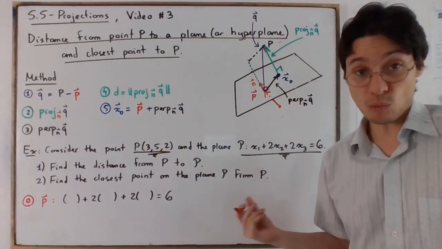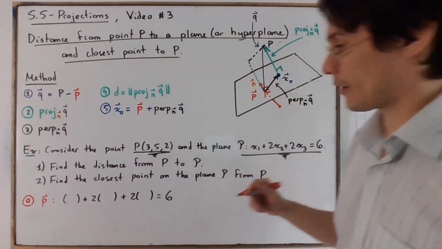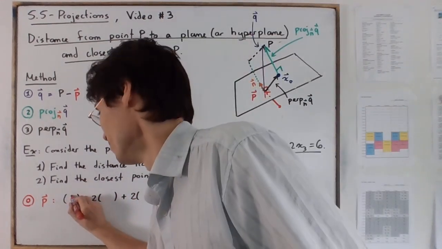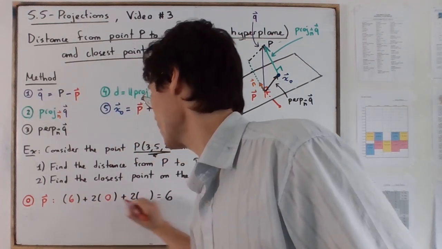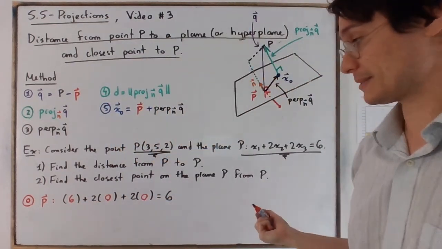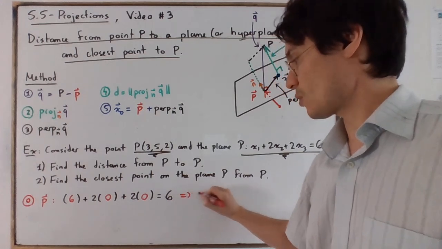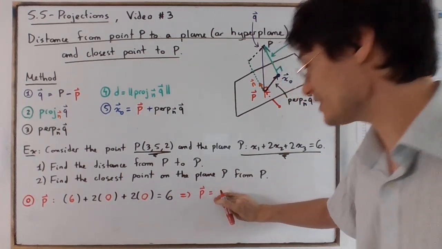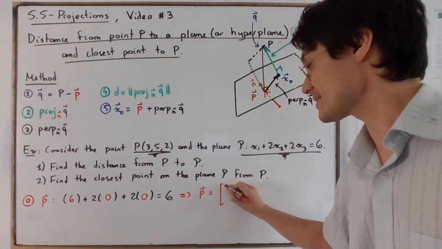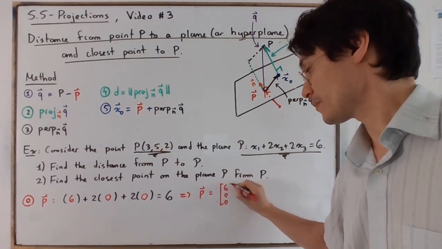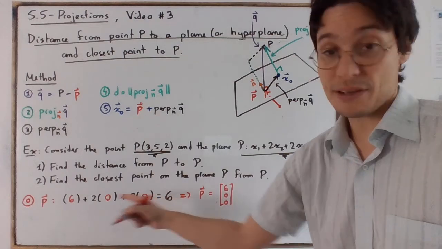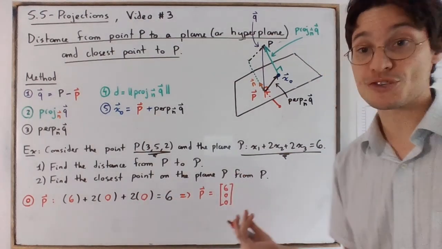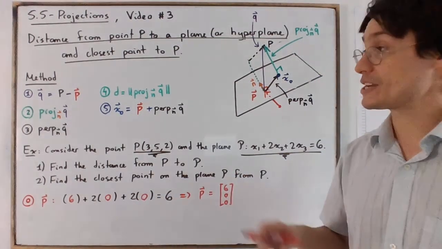So for example, one could decide to go for 6, 0, 0. You can choose your position vector to literally just be 6, 0, 0. So you just find x1, x2, x3 that work in this equation.